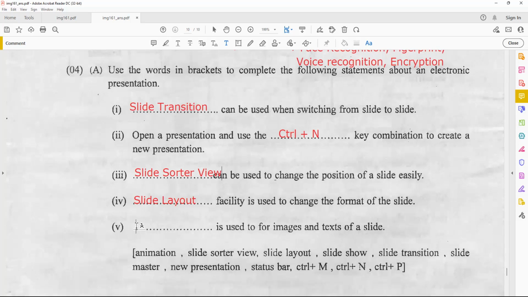Yes, I think it should be the animation. Yes, so those are the answers.